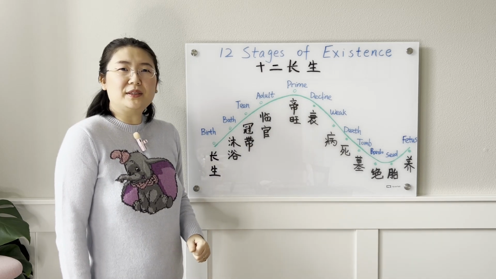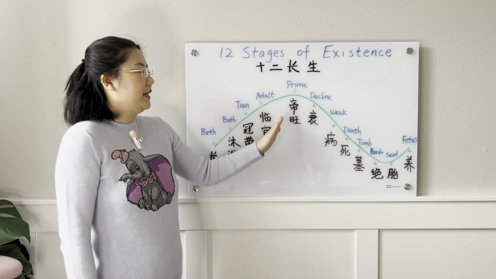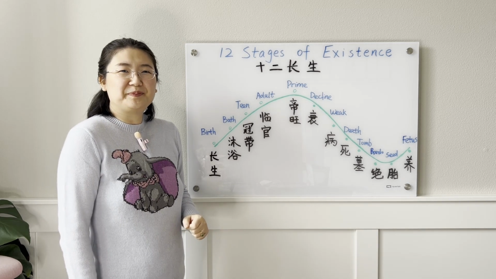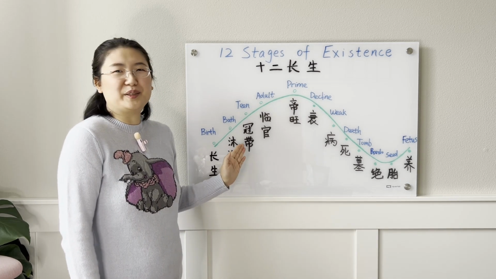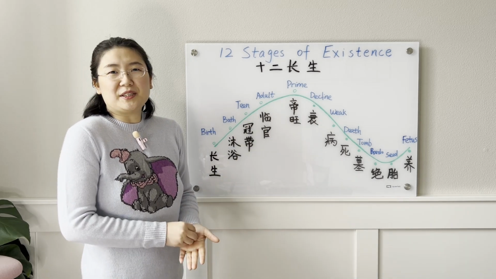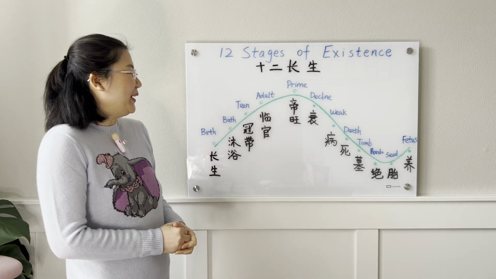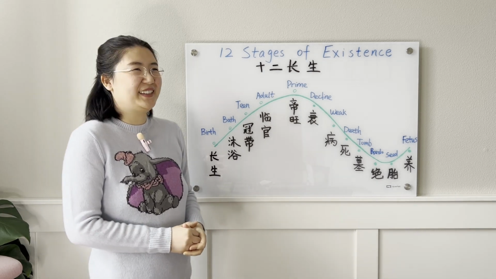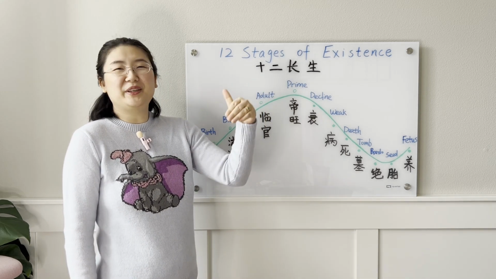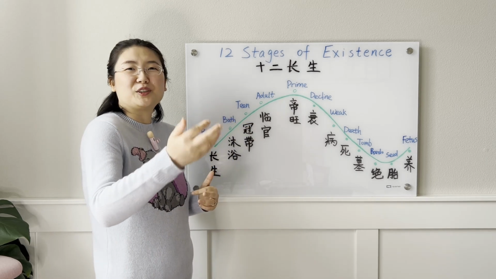But before I go into the section of how this is applied in BaZi chart analysis, let me ask you an interesting question. Based on the ancient books, which one of the 12 stages did our seers define as the most optimal stage? A little clue here is to think about the yin and yang theory, and think about the middle way, the balanced way, versus going to the extremes.